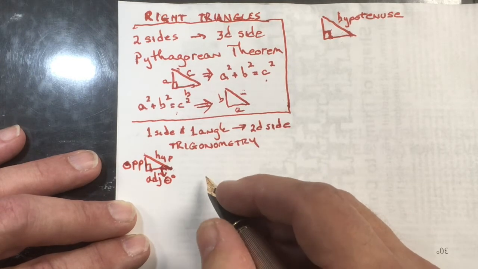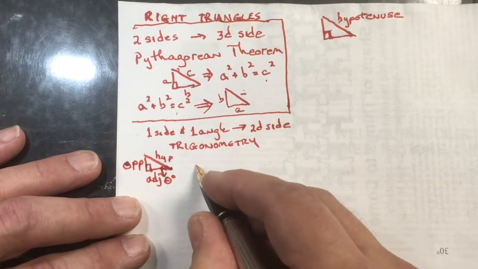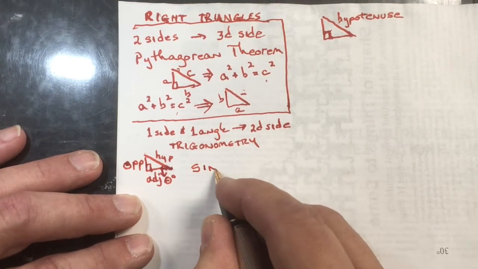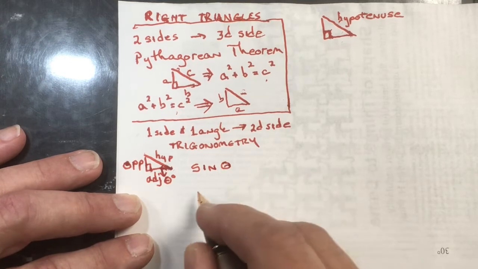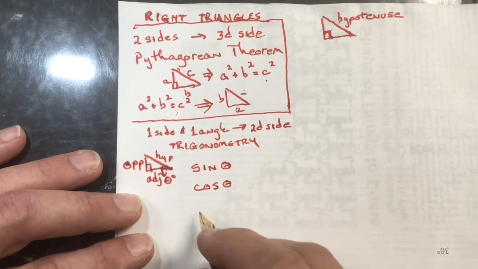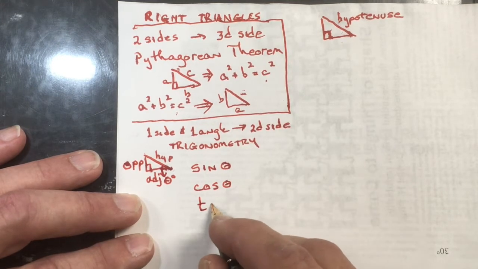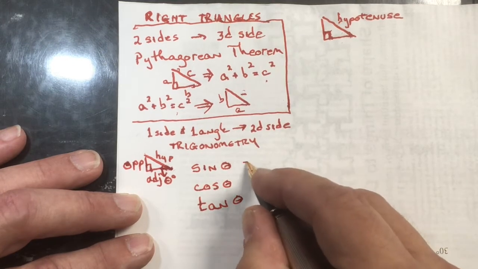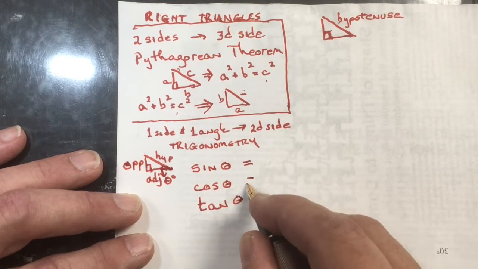There are three trig functions that we use. One of them is called the sine, one of them is called the cosine, and one of them is called the tangent. When you say, well, how do I know which one to use?